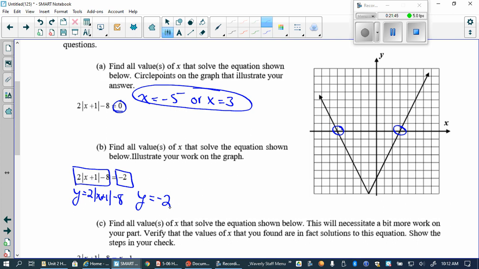What axis does it cut through? The y-axis. And where does it cut through it? At negative 2. So we already have this one graphed. Let's graph y equals negative 2. It cuts the y-axis down here at negative 2. Isn't this the graph of y equals negative 2?